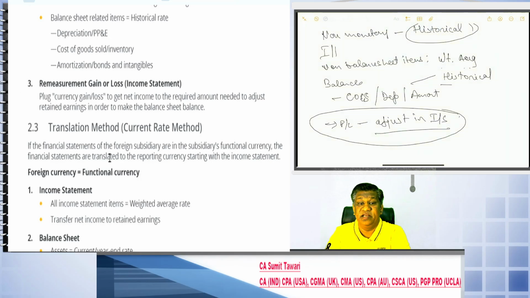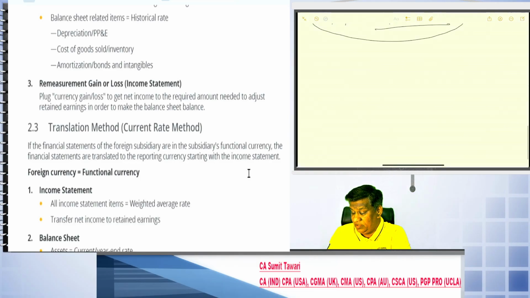Then the translation method. If the financial statements of a foreign subsidiary are in the subsidiary's functional currency, the financial statements are translated to the reporting currency, starting from the income statement. So that is basically functional to reporting. Here we need to do the translation.